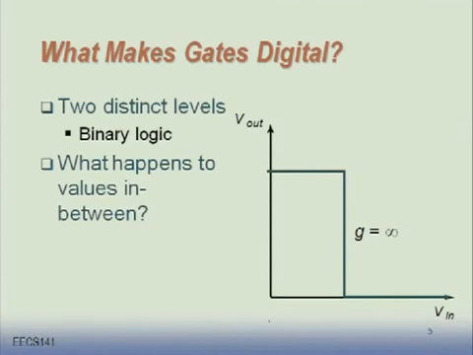An ideal gate would have a characteristic that looks like that. It's a brick wall. There are two levels, and there is no transition level in between. Noise is always interpreted either as a 0 or as a VDD.